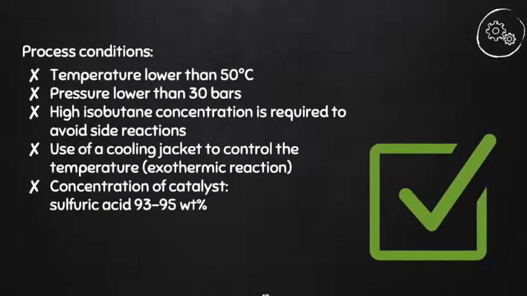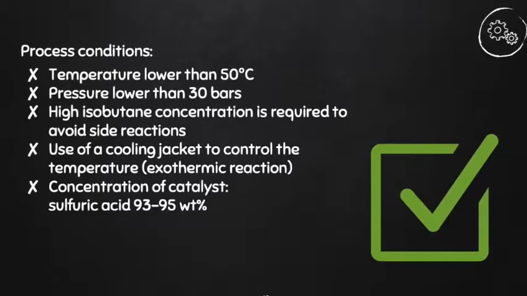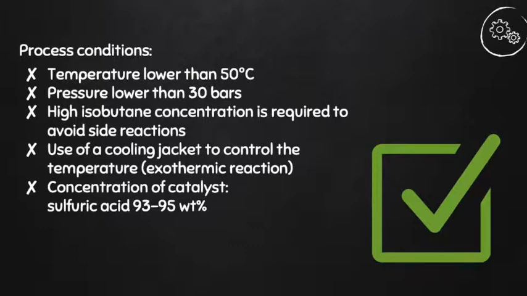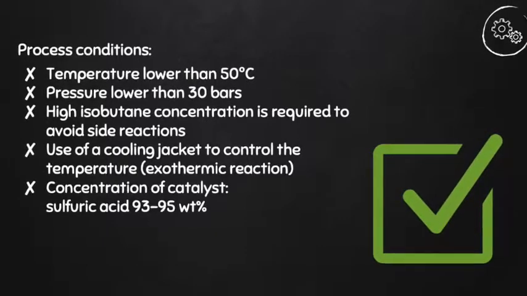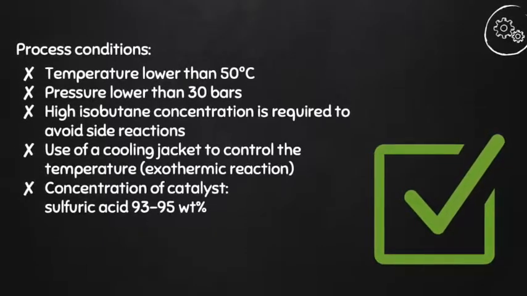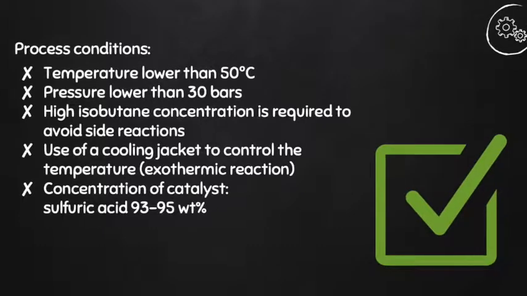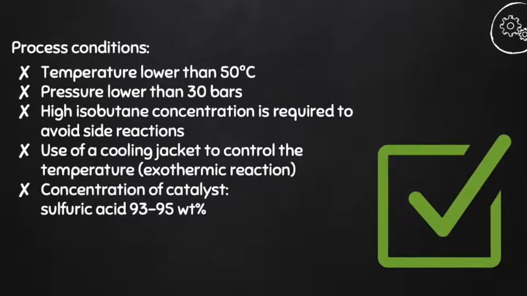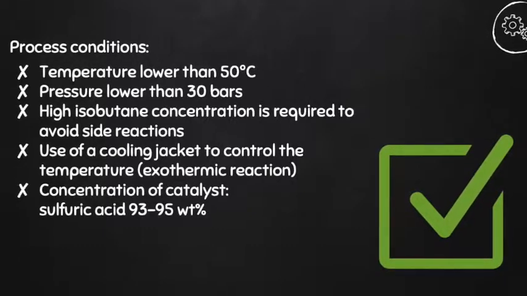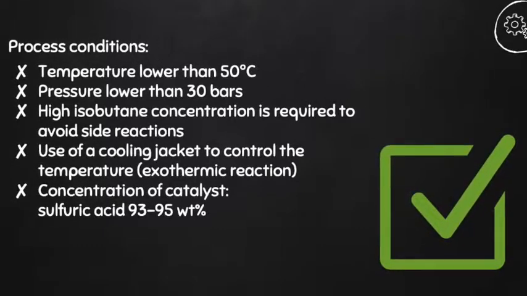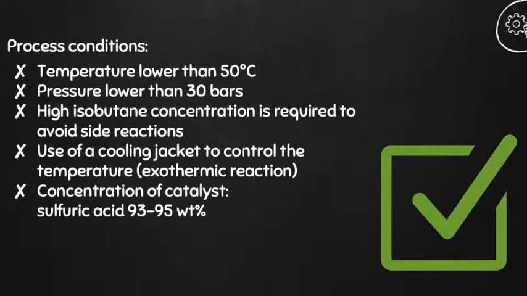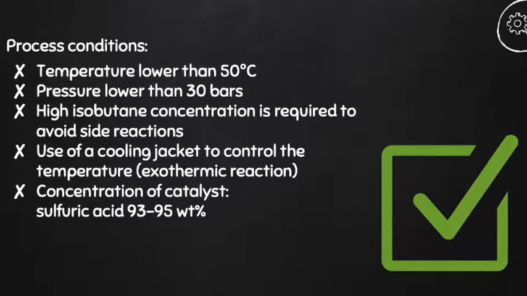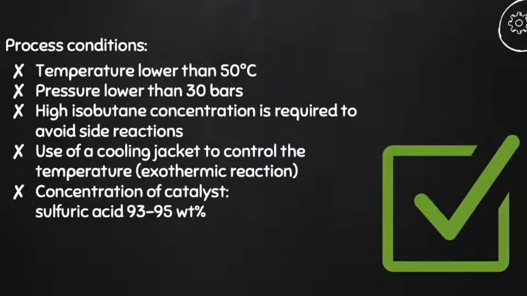Since this process involves an exothermic reaction, a cooling jacket should be used for controlling the temperature. In addition, the strength of the catalytic acid affects the reaction conversion. The ideal concentration of the sulfuric acid, which depends on the mixing efficiency, has to be between 93 to 95% weight for the best alkylation quality and highest yield.